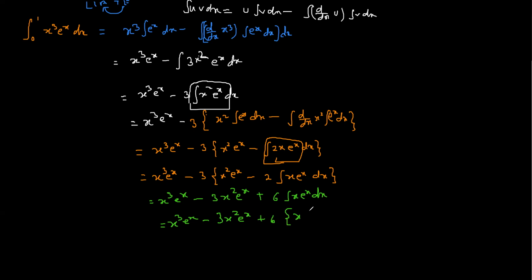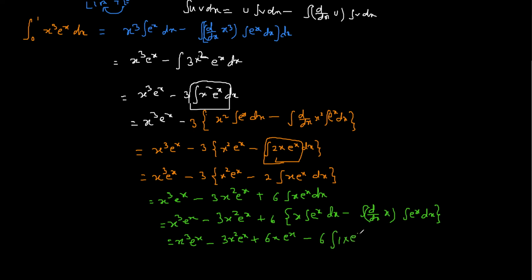So U integration of e to the x minus derivation of U integration of e to the x dx, plus 6x minus 6, derivation of x is 1 into integration of e to the x, which is e to the x.